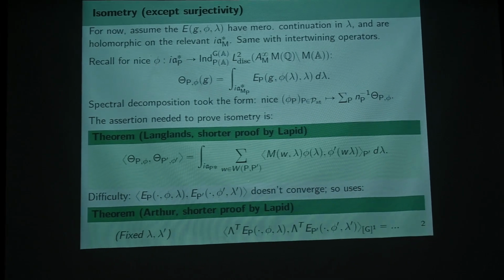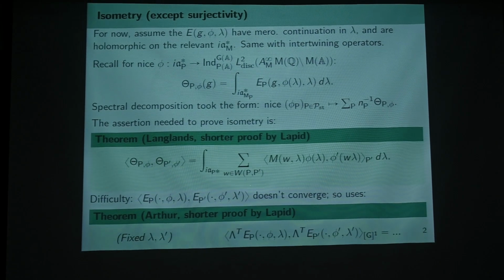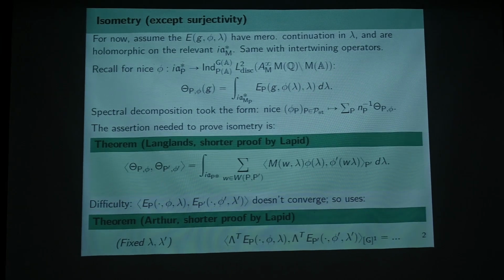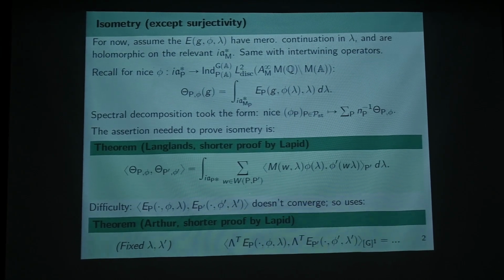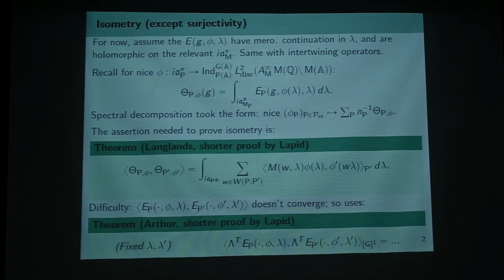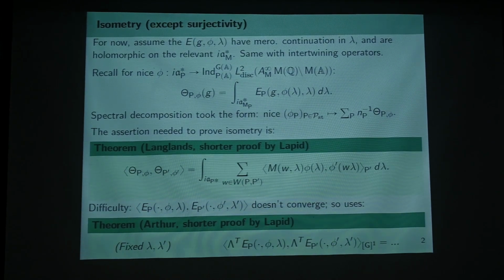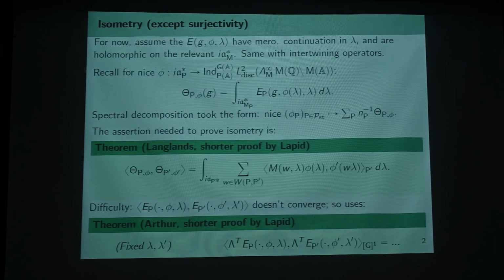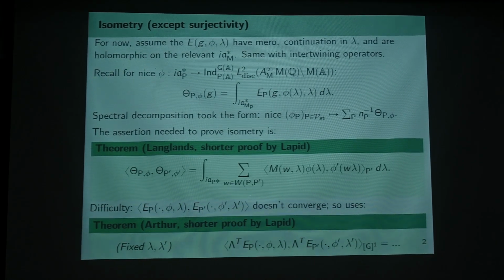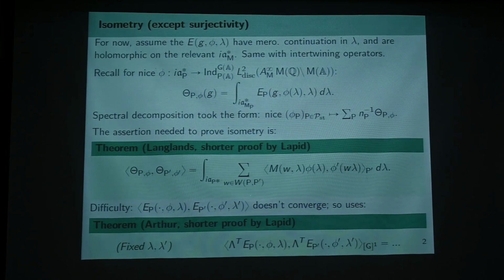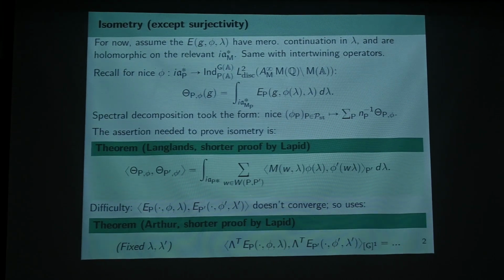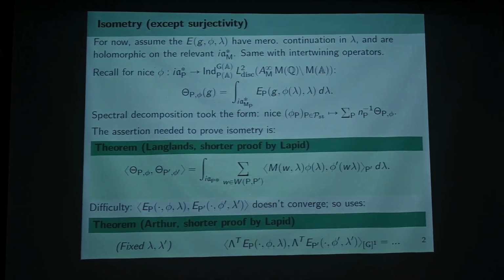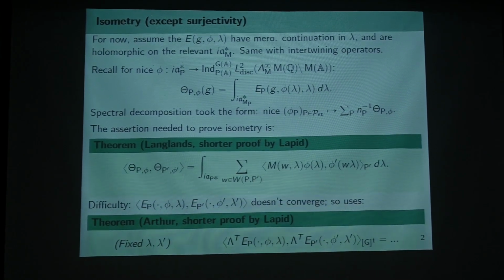So now let me state how this expression has to look. How should this expression look? Truncation involves constant terms, so you are taking constant terms with respect to various parabolics. So the answer is actually going to involve a sum over various standard parabolics Q. But then these are Eisenstein series respectively associated to P and P prime.